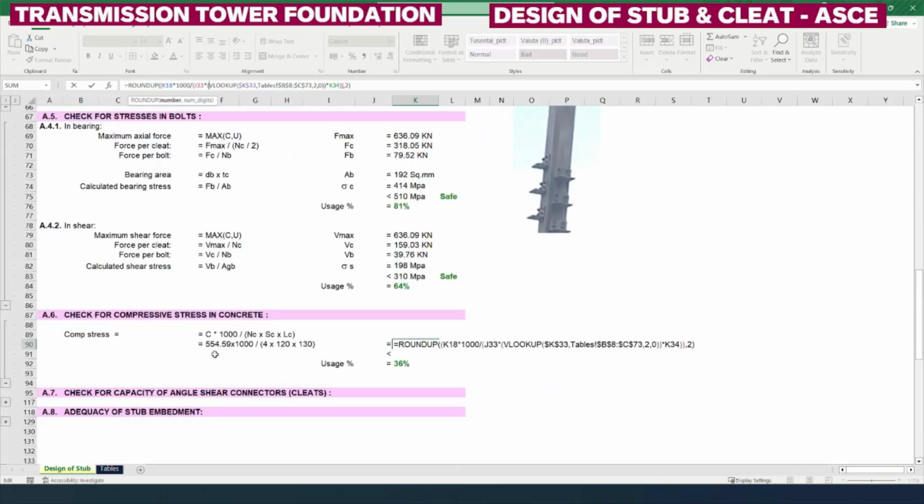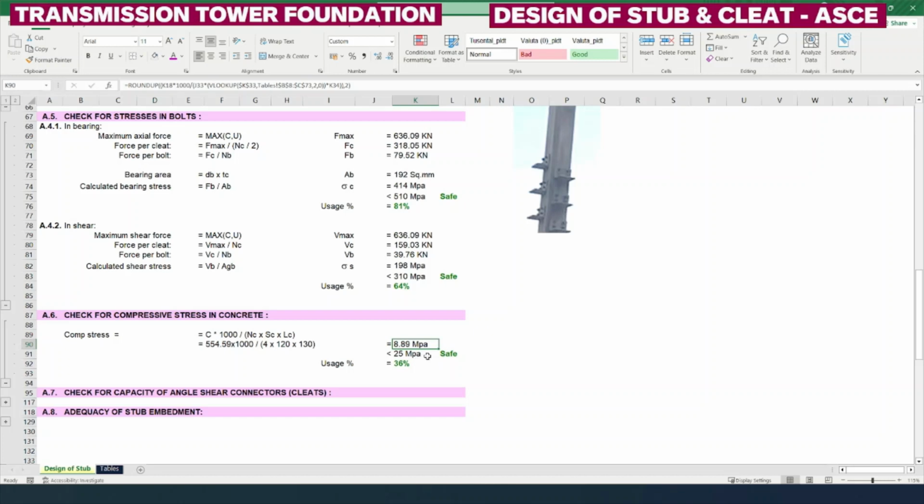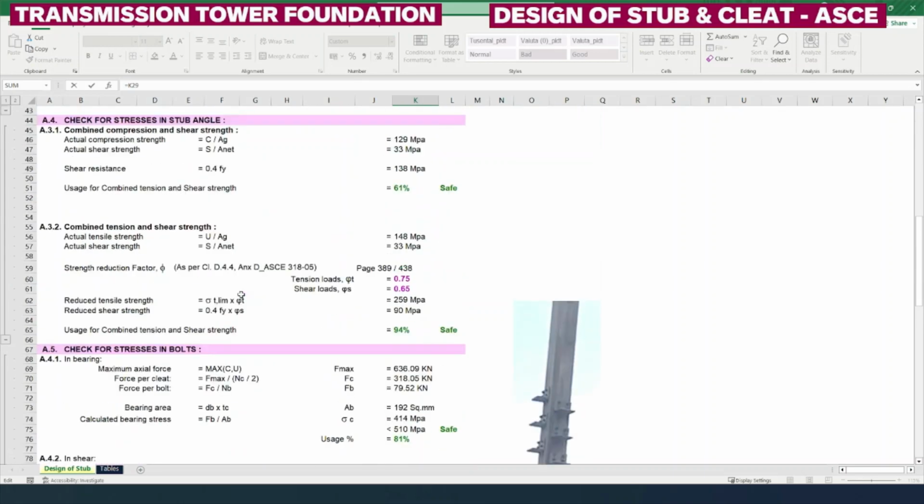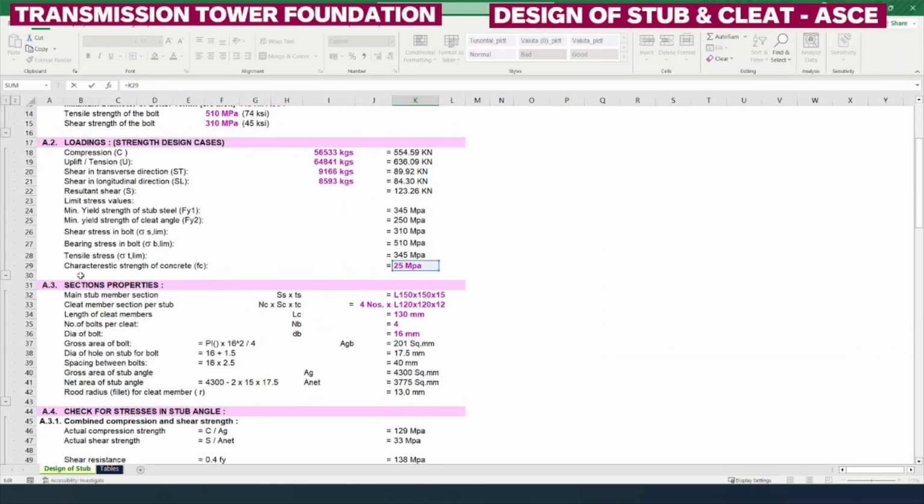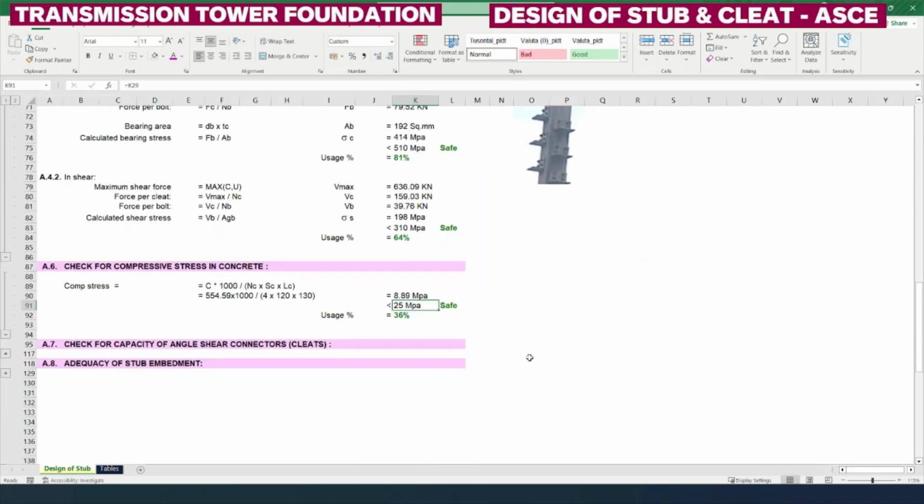By applying all these values in the formula, C into 1000 divided by NC, SC and LC, we are getting 8.89 megapascal as the compressive stress. We already know that the compressive strength of concrete which we considered for this foundation or pedestal is 25 megapascal, which is higher than the 8.89 actual compressive stress.